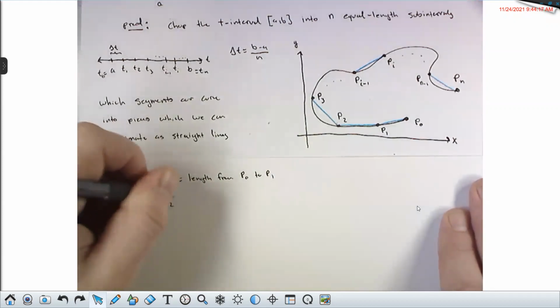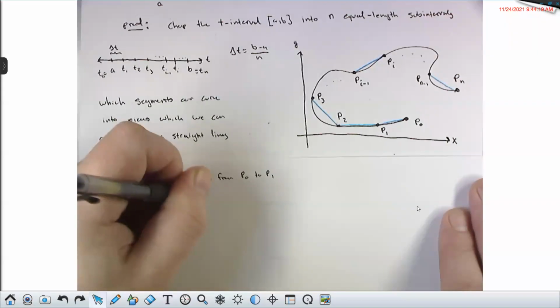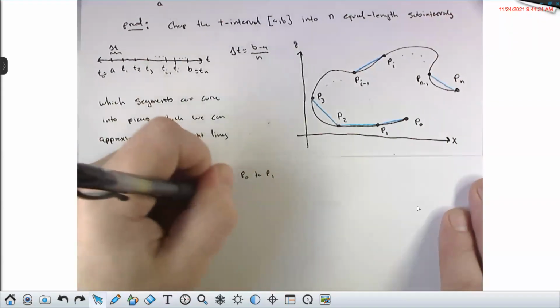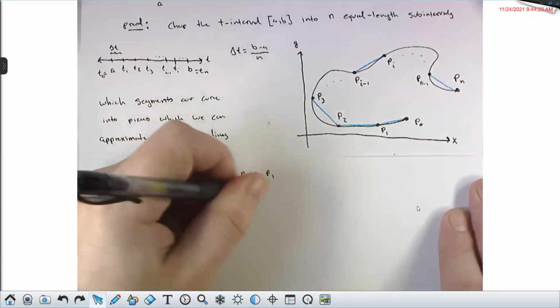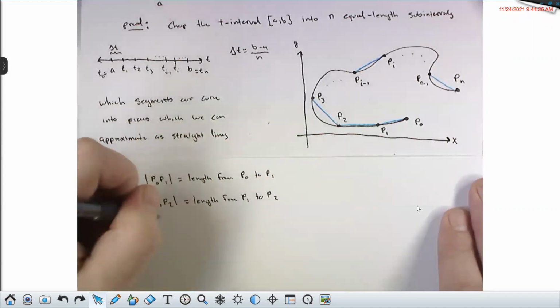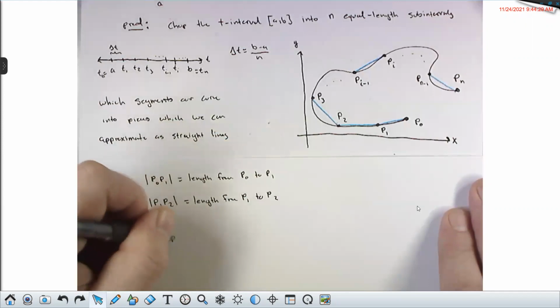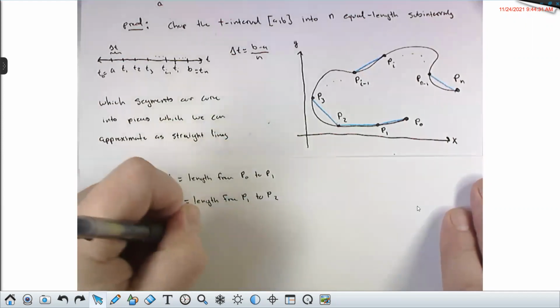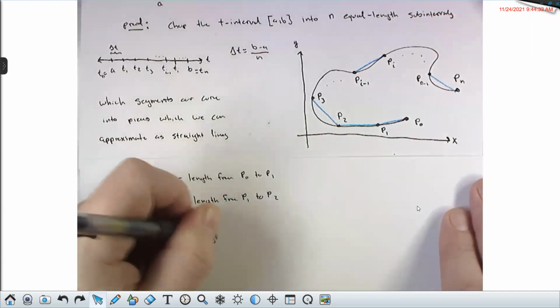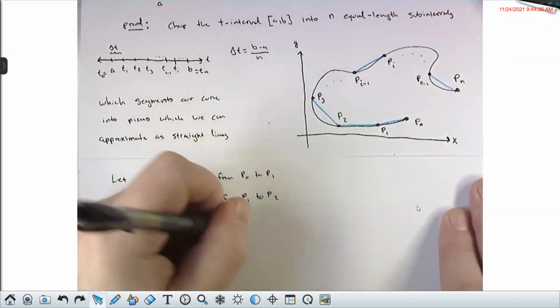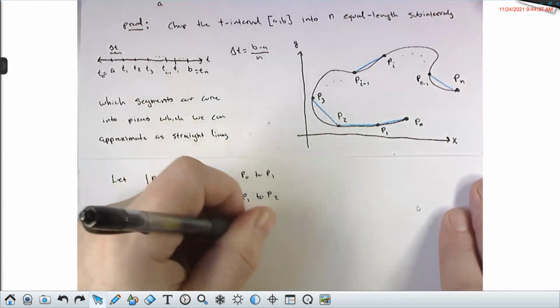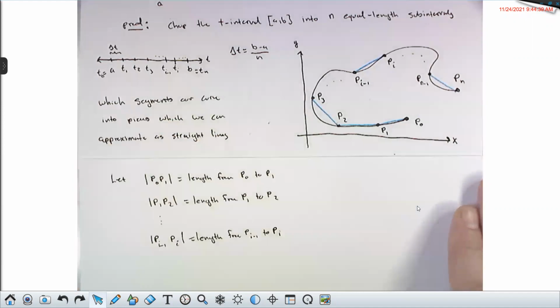P1, P2 be the length from P1 to P2 in general, and Pi minus 1 to Pi be the length from Pi minus 1 to Pi. All right, the blue lengths.